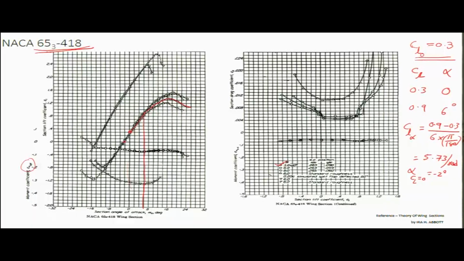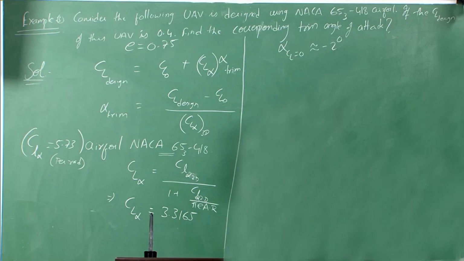From here we know, using this NACA 653418, the CL alpha of this aerofoil is 5.73 per radian. So this is the CL alpha of this aerofoil.